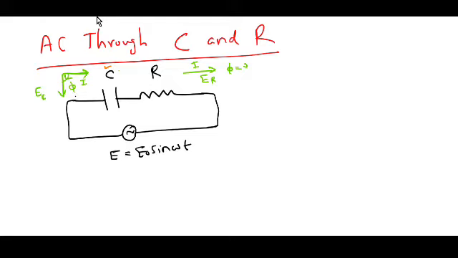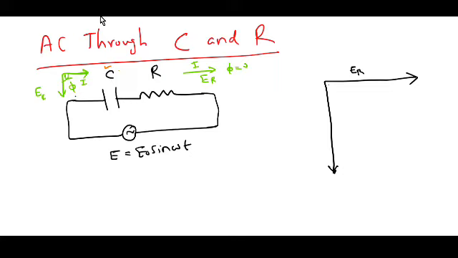Then in the combined RC circuit, we can draw the phasor diagram like this. That is, the voltage across the resistance is this one. The voltage across the capacitor lags behind the current by a certain angle.